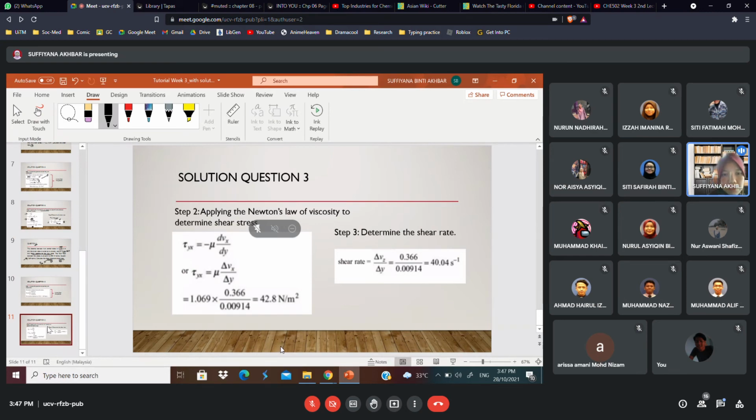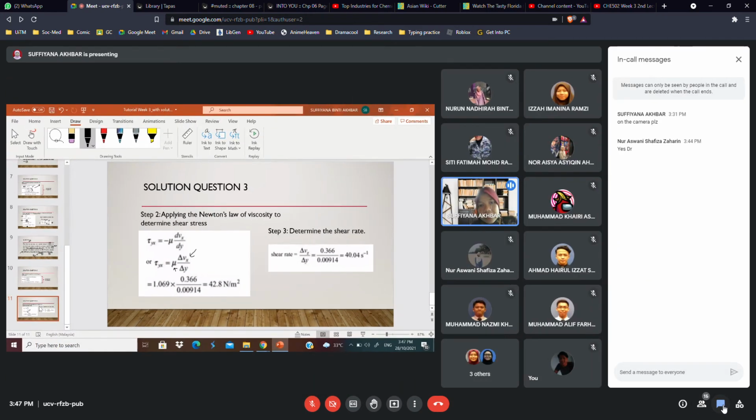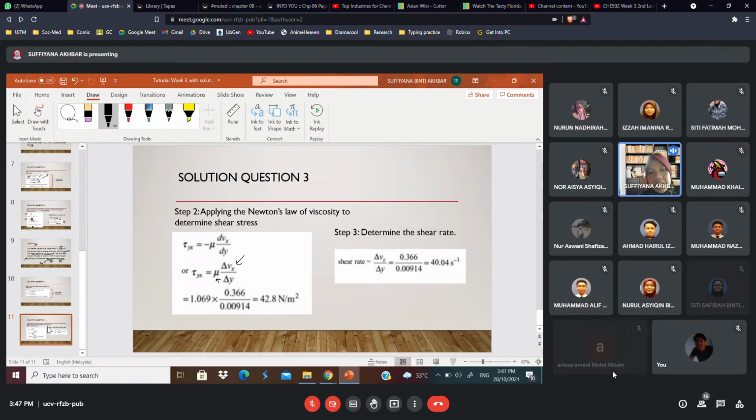Therefore, you substitute the value of viscosity and the difference of the velocity 0.366 divided by the difference of distance. Finally, we get the shear stress as 42.8 Newton per meter squared. And what about the shear rate? Shear rate is delta Vx divided by delta y. So we get 40.04 per second.